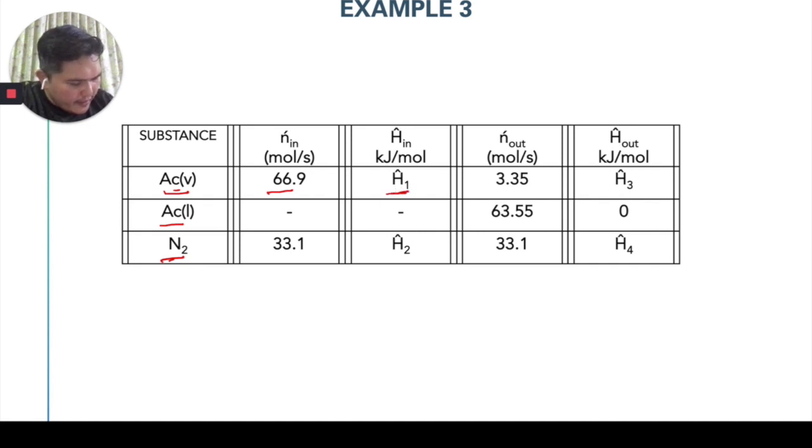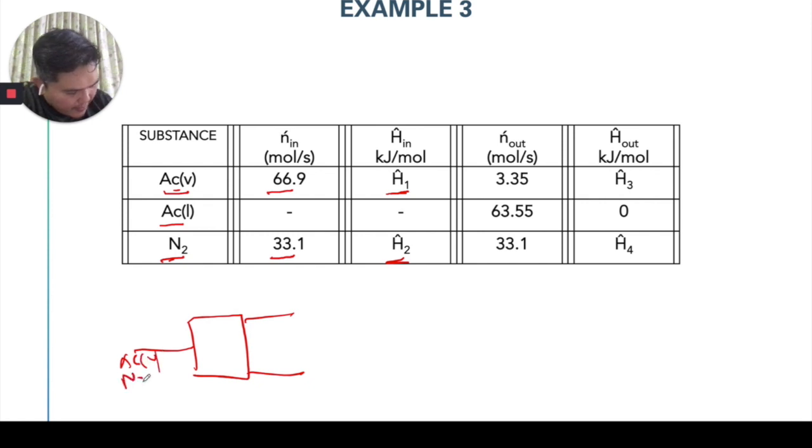We also know that nitrogen is coming in at 33.1 with another specific enthalpy value. Because there is no acetone liquid coming in, we just leave this blank, so we put 0 and 0.